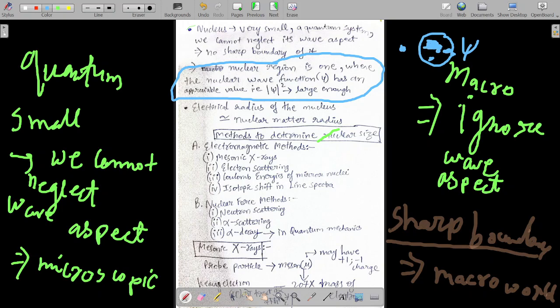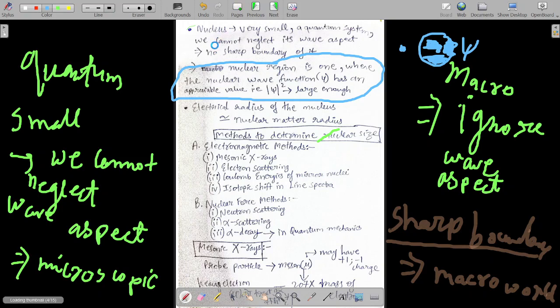Suppose psi is minimum here, so the probability of finding protons and neutrons over here will be minimum. Suppose here it is intermediate, so the probability of finding neutrons and protons over here will be intermediate.